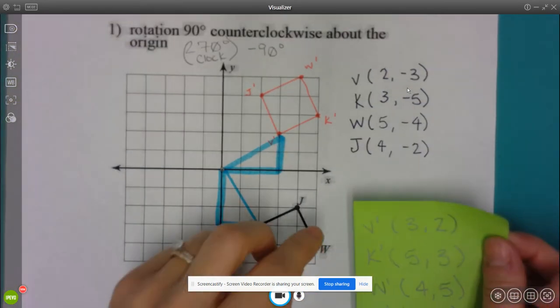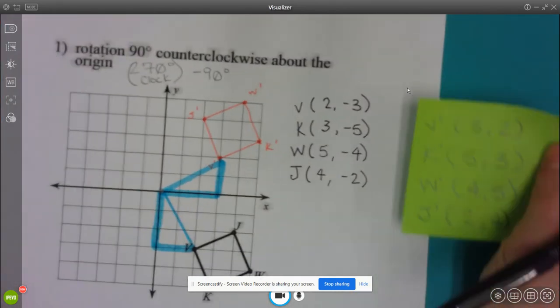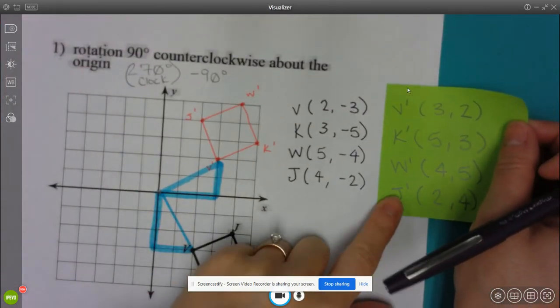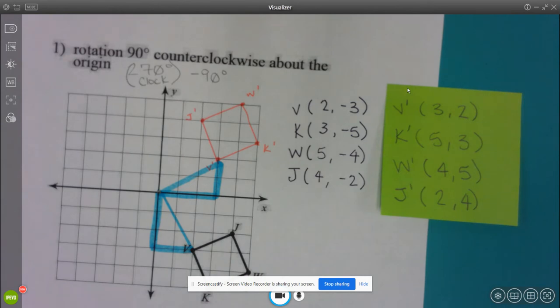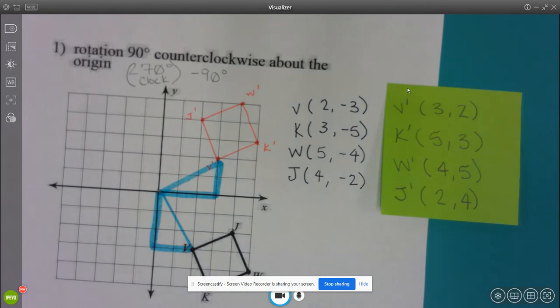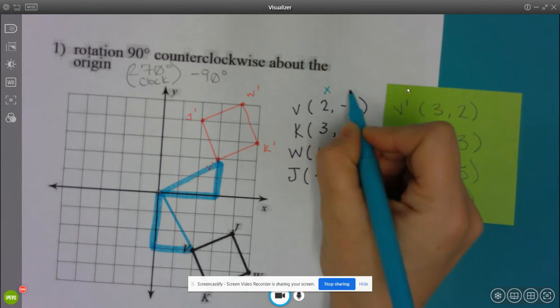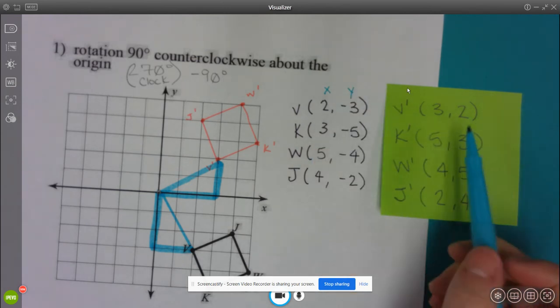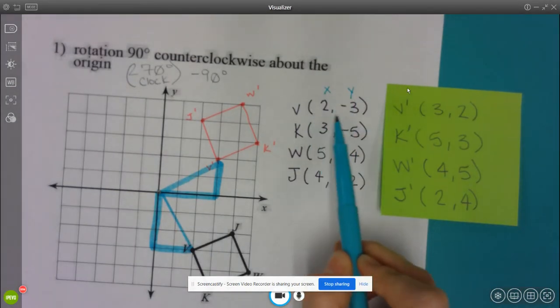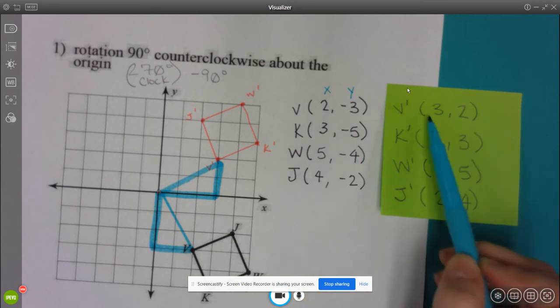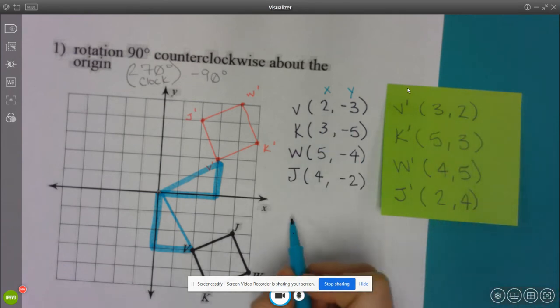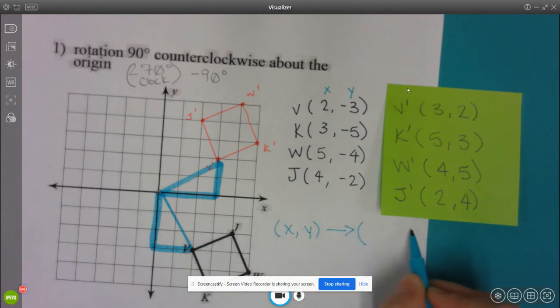So now, if I'm looking at this in relationship to my prime coordinates, remember this is my original, and then I have to figure out how to relate X and Y over here into my new coordinate. So my rule for a 90-degree counterclockwise rotation is going to start like this, and I have to figure out what goes over here.